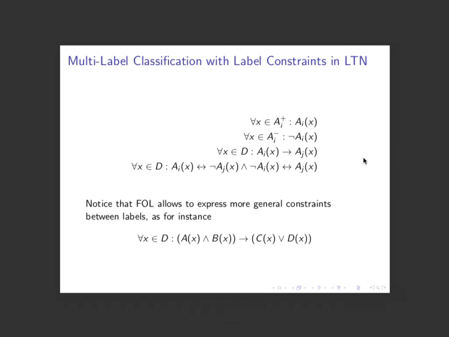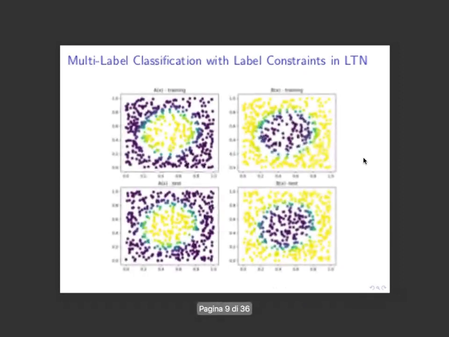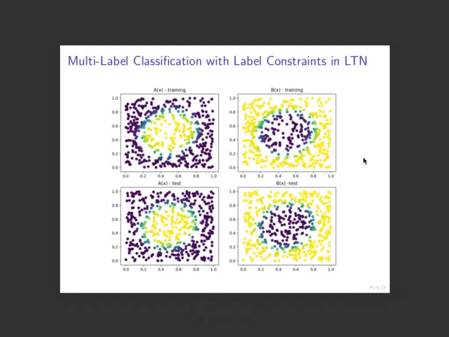So then we can state things like that. For all x, if it's in A and in B, then it's either in C or D. And then we would observe something like this, just a visualization of the results. And there we have the green and the light green and the blue and the yellow as the classes.